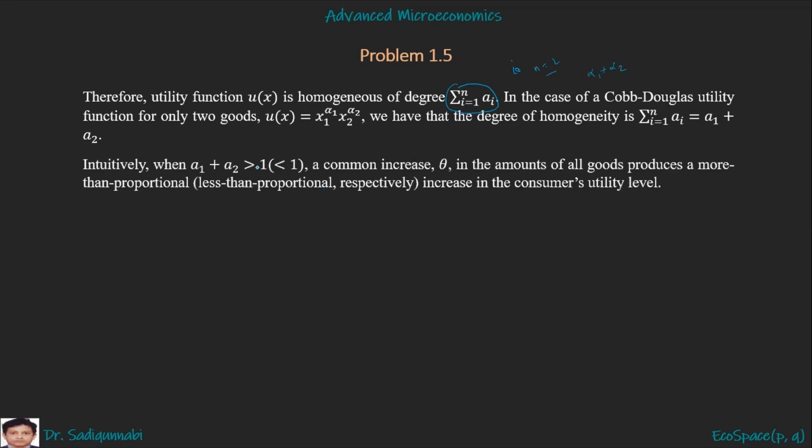So when alpha 1 plus alpha 2, that means the degree is more than 1, a common increase in theta means that all goods produces a more than proportional increase in the consumer's utility function.